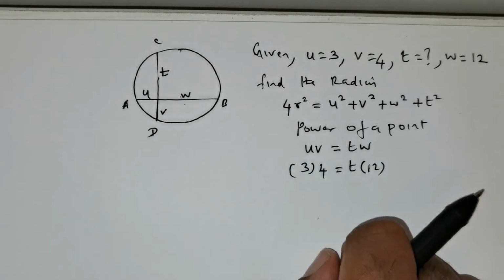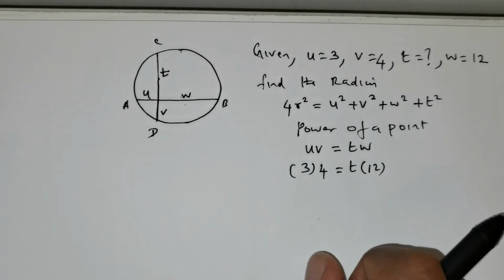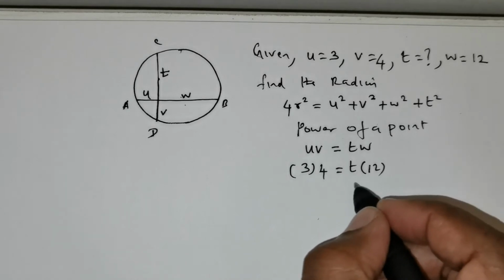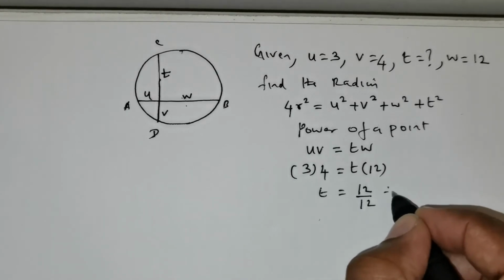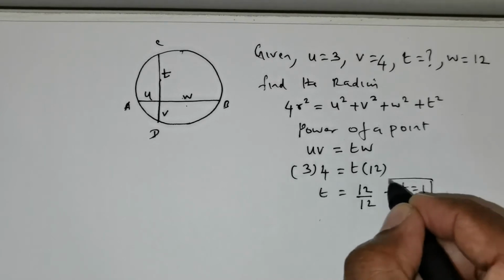So clearly I would be able to get T from here, which is going to be 12 over 12. Therefore, the value of T is 1.